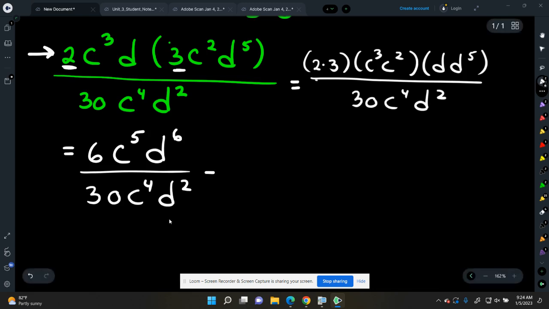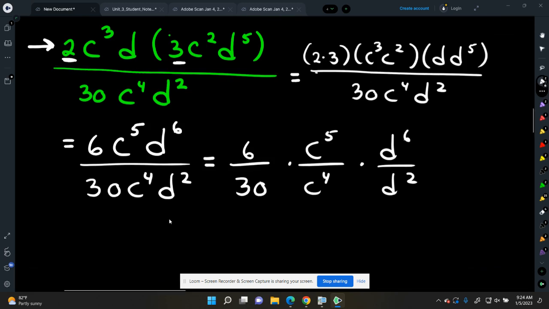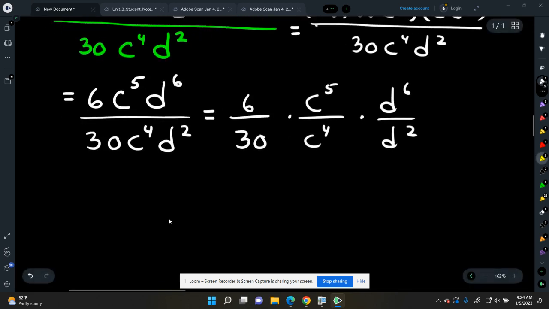So Cameron, what would I do now? You separate them, so you have 6 over 30, c to the fifth over c to the fourth, and then d to the sixth over d squared. Excellent. So 6 over 30 is 1 over 5.